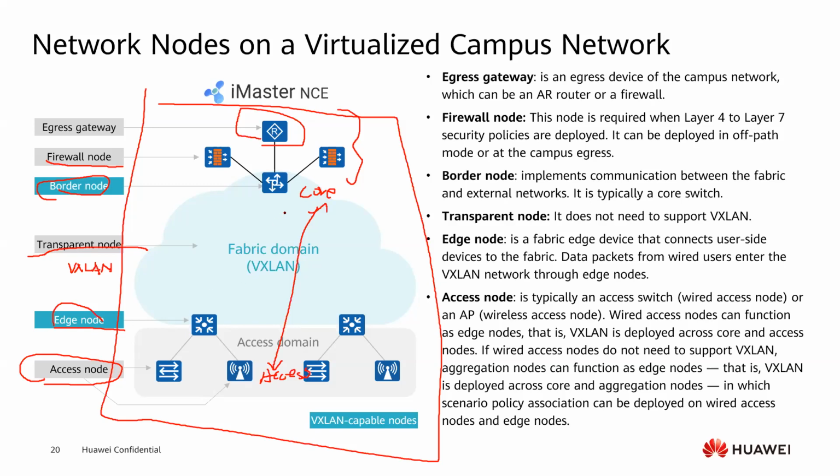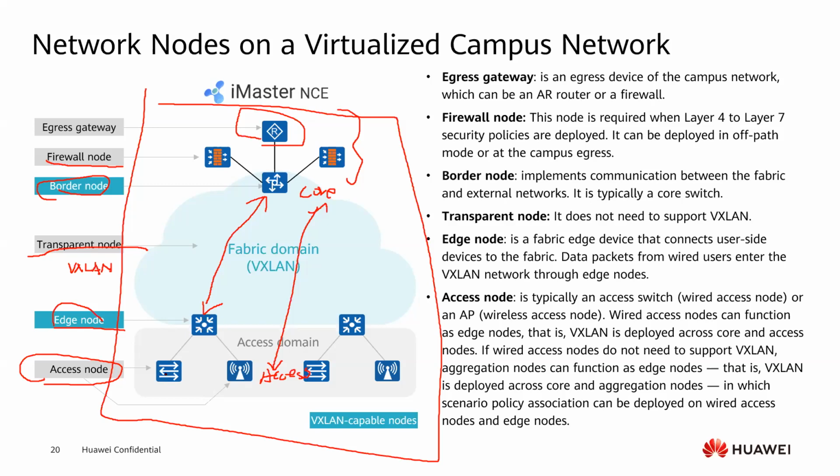But you can also deploy the VXLAN just like this, across from the core node to the aggregation node. If the aggregation node is the edge node, only the node that can be managed by the controller will be the policy enforcement point.